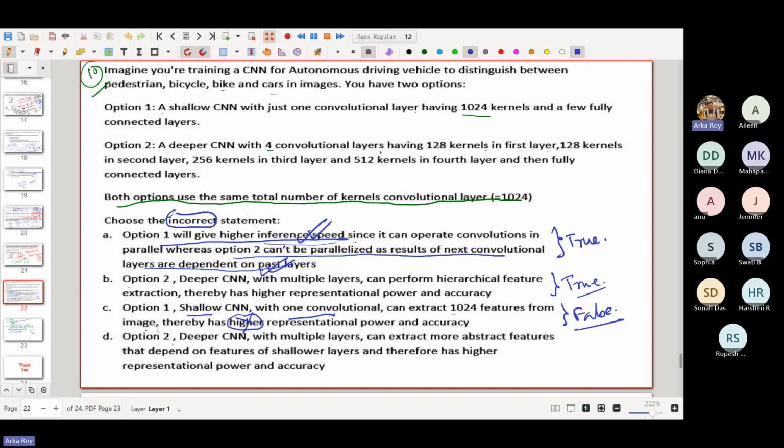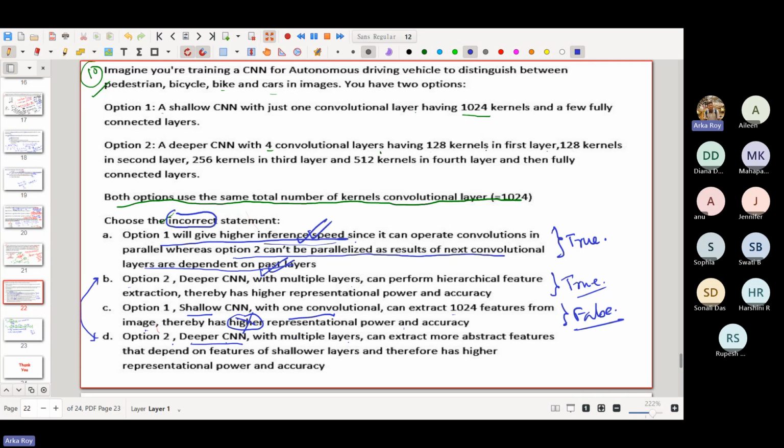And then option D is option 2, a deeper CNN with multiple layers can extract more abstract features that depend on features of shallower layers and therefore higher representation power and capability. So option D and option B are quite alike.